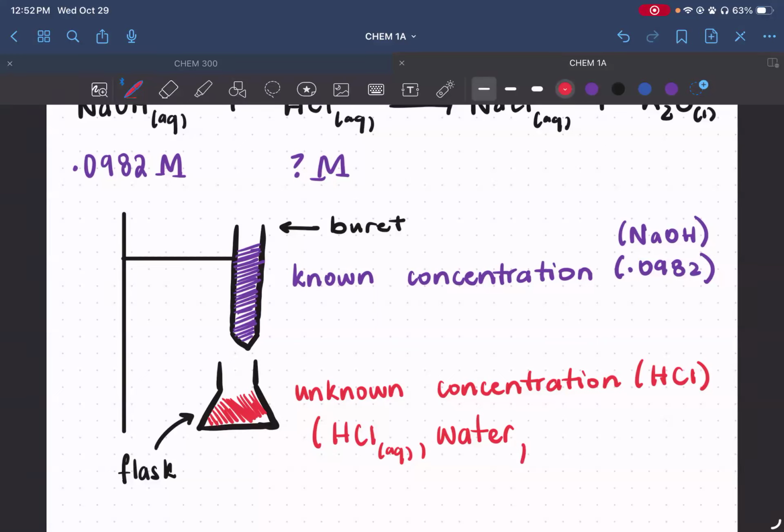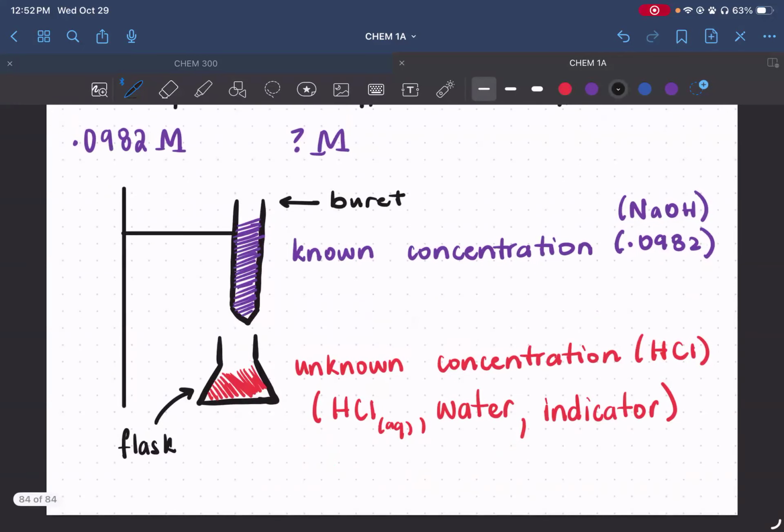And remember how I said that these changes are marked by color changes? In the flask, we also have what's known as an indicator. And the indicator is just a chemical that changes color depending on pH.